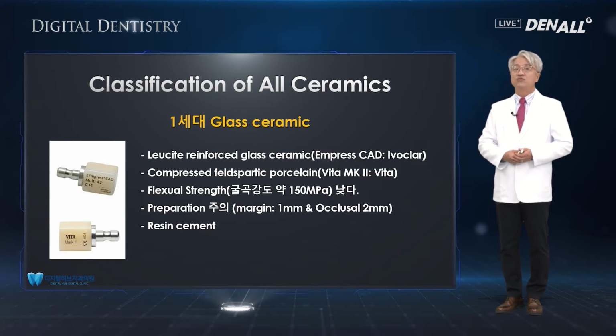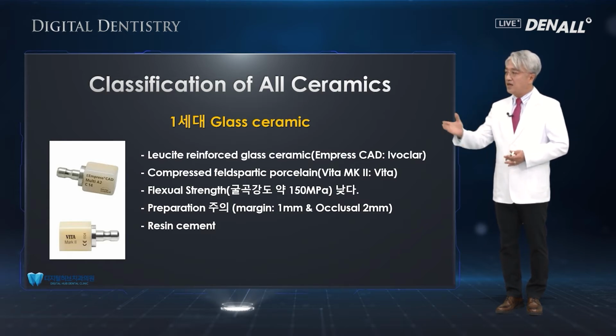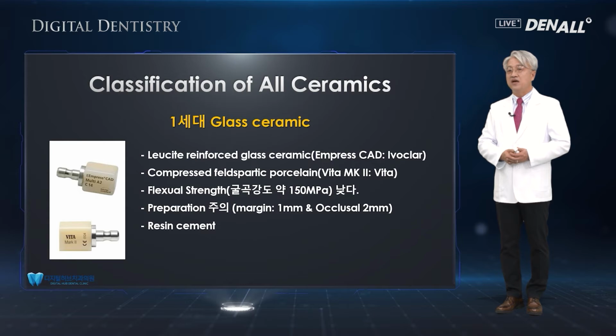But another strength is the cementation of all ceramics. You can cement with resin. So in the clinical setting, you can fully leverage that strength to create very nice prosthetics.